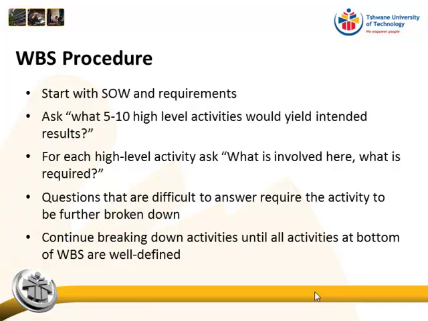Then continue breaking down activities until all activities at the bottom of the work breakdown structure are well defined, so everybody in the team knows exactly what they must do. There's no vagueness, there's no ambiguity, it's very clear.